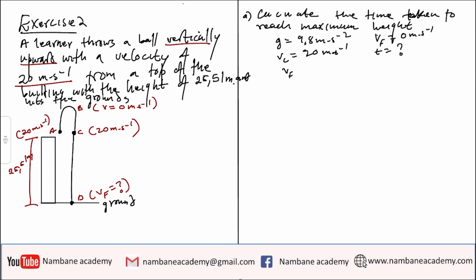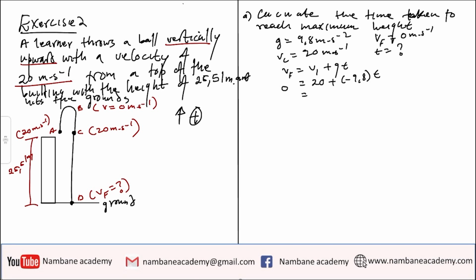V final is equal to Vi plus GT. We agreed upward as positive, so the projectile is still going up. Everything must be positive, but G, because it is downwards, must be negative. Very easy. We just say 0 equals 20, positive upward, minus 9.8 t.